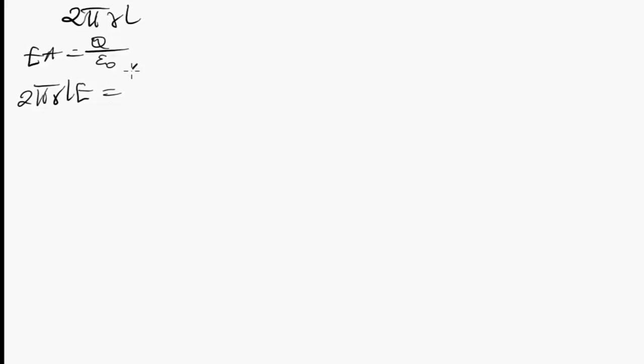So supposing for the same cylinder, remember the area is 2 pi r L. So supposing we want to use the surface charge density, all we have to do is always remember that EA is the charge over epsilon naught, and then area is this, so I can always replace this by 2 pi RL, then times E, and this is Q over E naught.